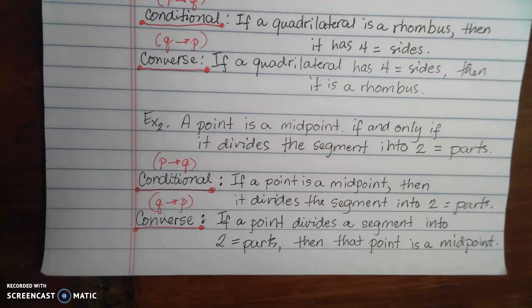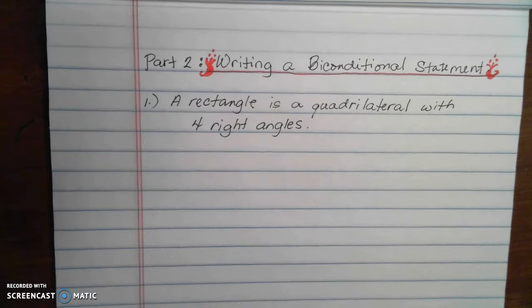A conditional statement states that if a point is a midpoint, then it divides the segment into 2 equal parts. P then Q is true. Let's look at the converse. If a point divides a segment into 2 equal parts, then that point is a midpoint. Also true.